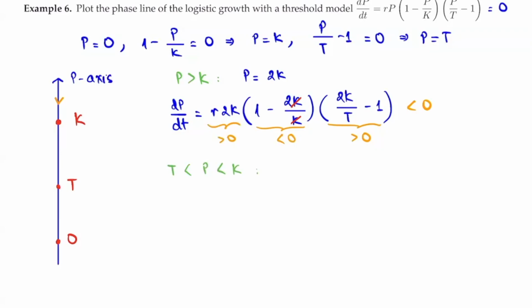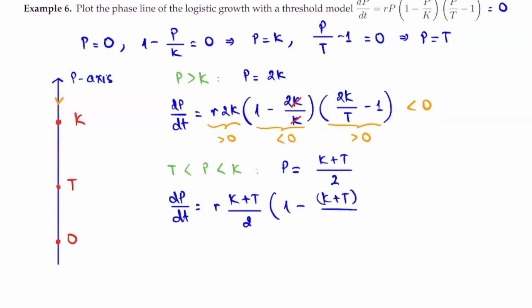Now, when you consider the case where p is between t and k, you can choose any value of p. I'm going to choose p as k plus t divided by 2, the halfway point. Then just substitute in here and do the analysis. It's going to be r times k plus t divided by 2, times 1 minus k plus t over 2k, times k plus t over 2t minus 1.